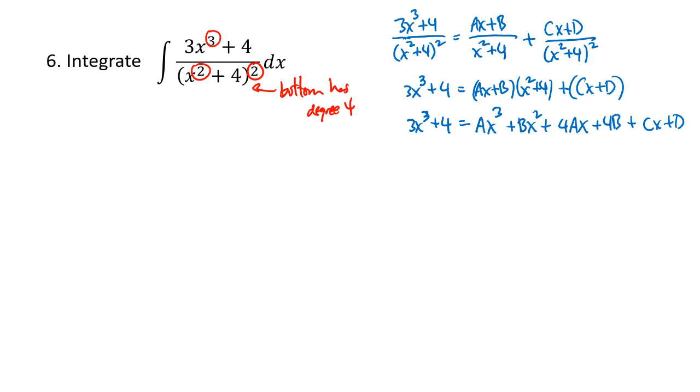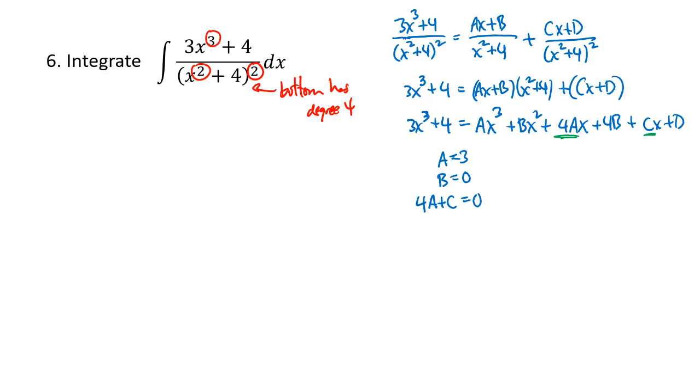So I'm going to equate my coefficients, and that's going to give me ax cubed equals 3x cubed, so a has to equal 3. Bx squared is the only x squared I see, and there aren't any x squareds on the left-hand side, so b has to equal 0. My linear terms are 4a and c on the right, and there are no linear terms on the left, so I just have 4a plus c equals 0.